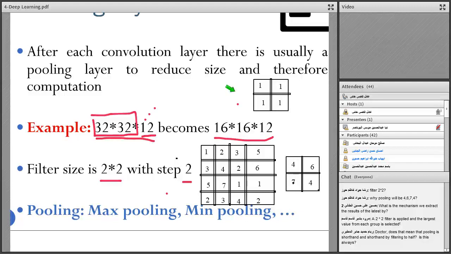You see the size of the filter is 2 by 2, and it has 1 inside it. All of the values are 1.